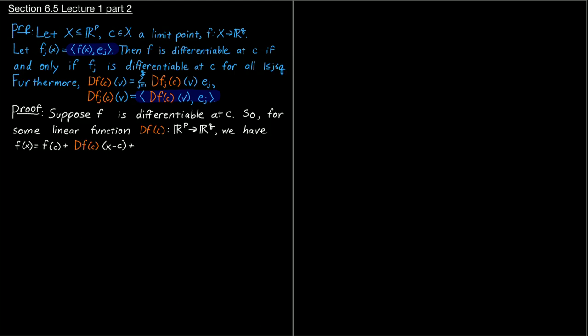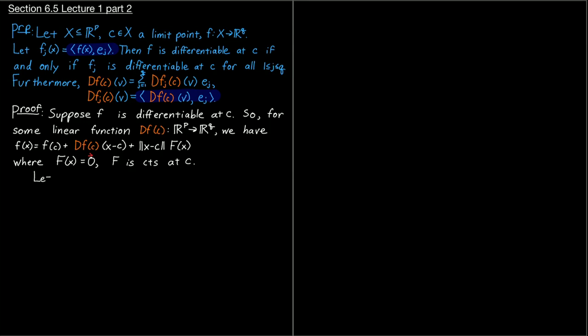And then we add to that the norm of x minus c times some big F of x, where big F of x is 0. That's the 0 vector in Rq. And big F is continuous at c.